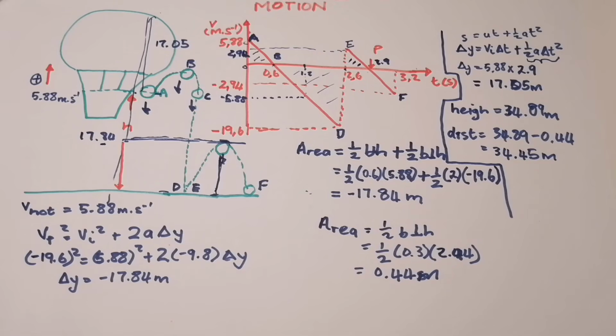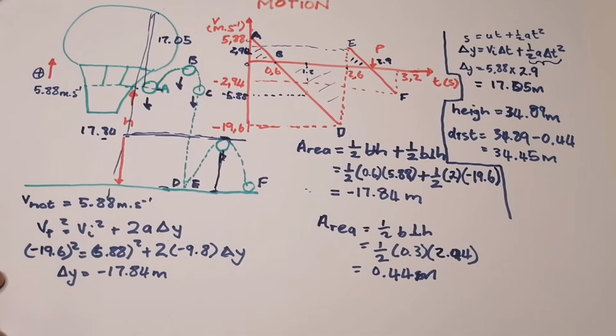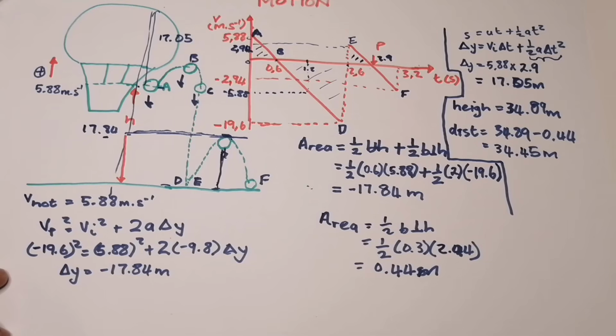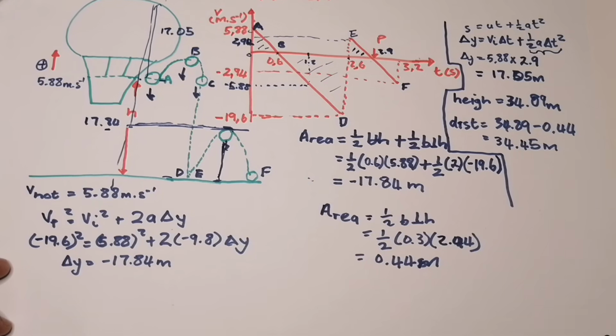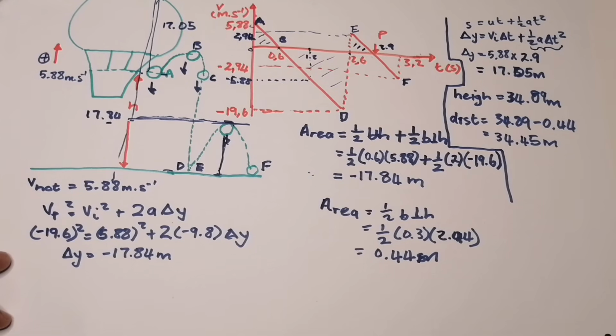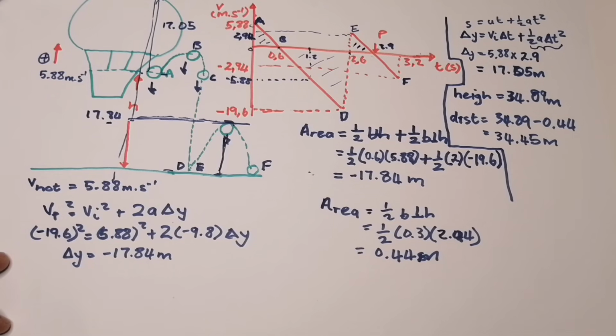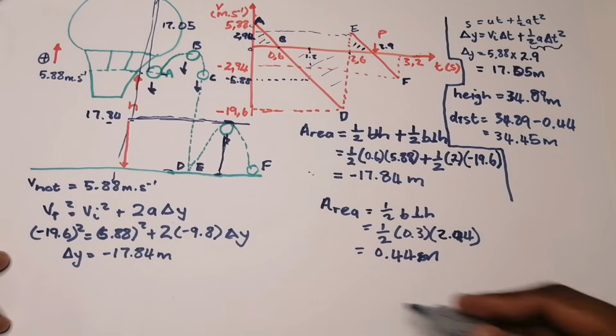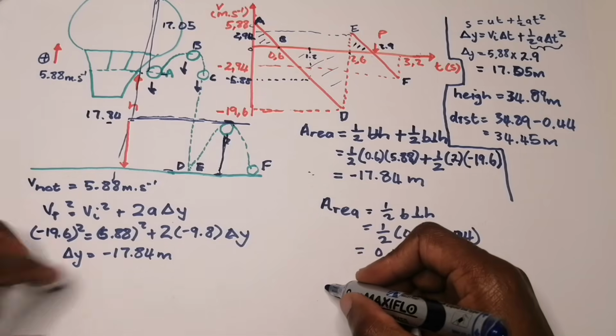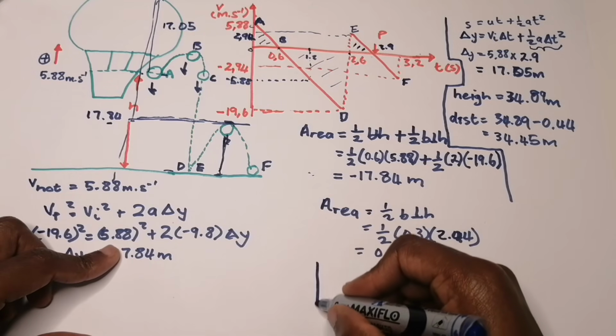I just want to conclude this question, even though we weren't really asked to do this. Let's say the examiner had asked you to draw a position-time graph taking the ground as your reference. I'm going to use this little space over here to illustrate what that would look like.